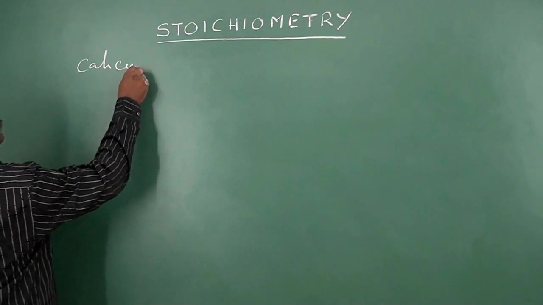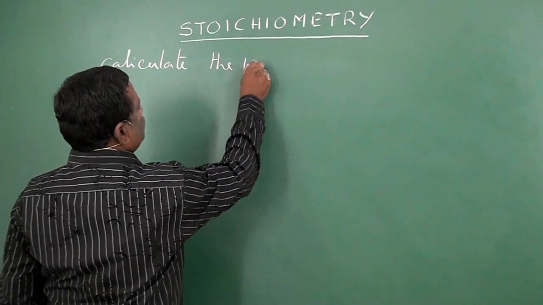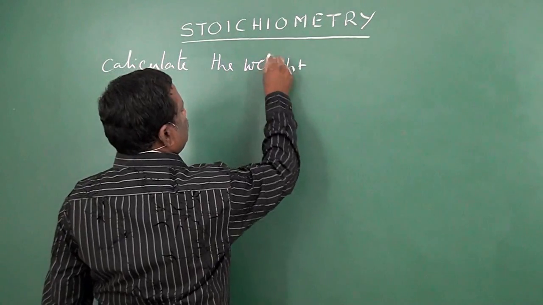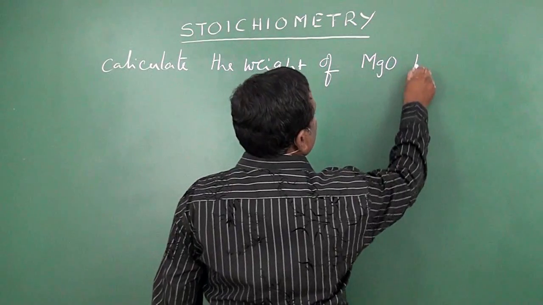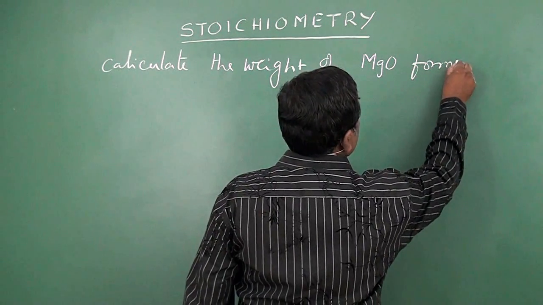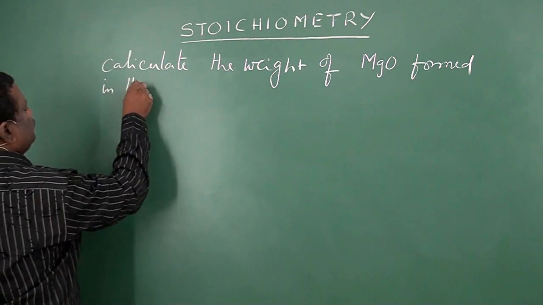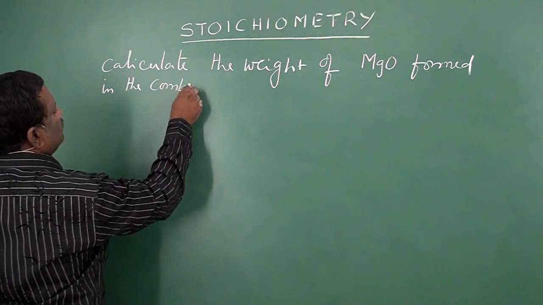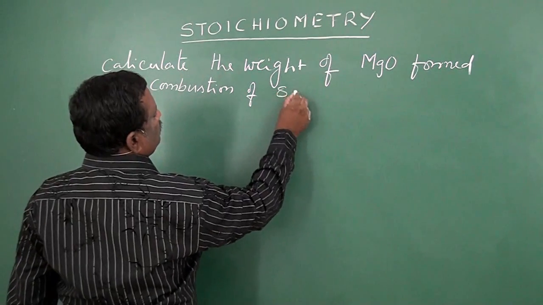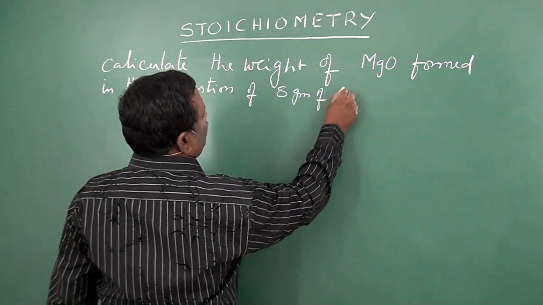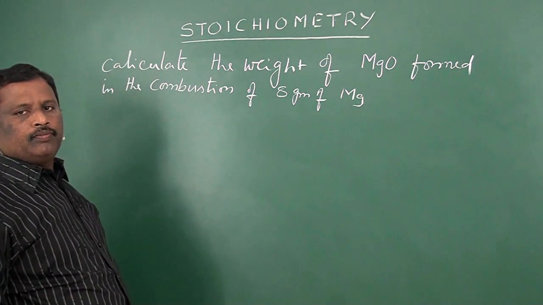Calculate the weight of MgO formed in the combustion of 8 grams of Mg.